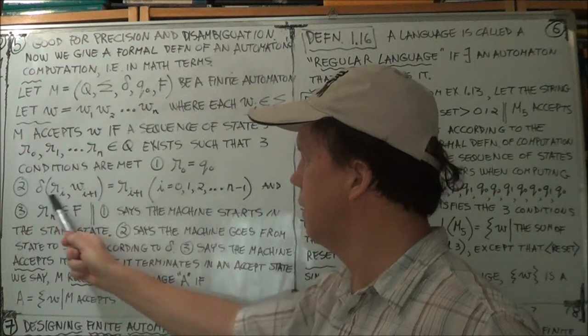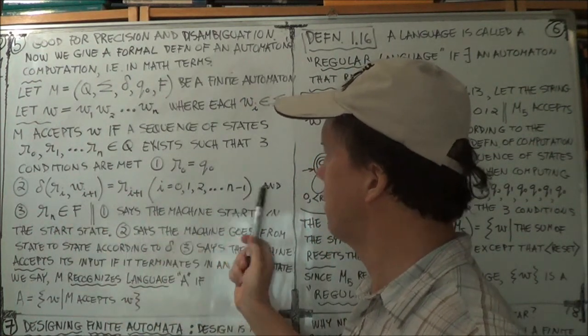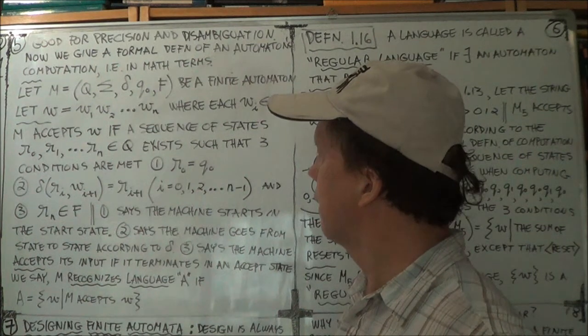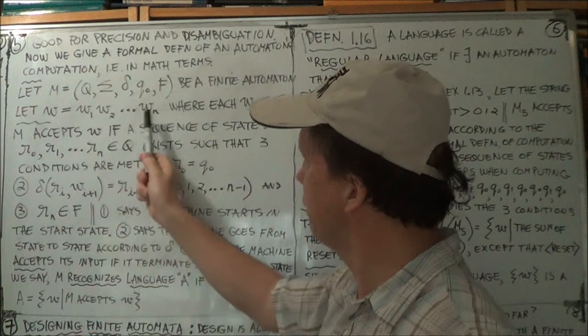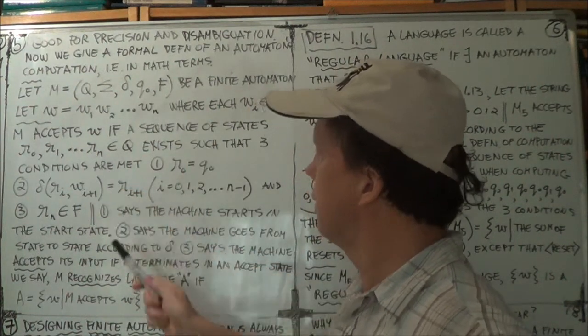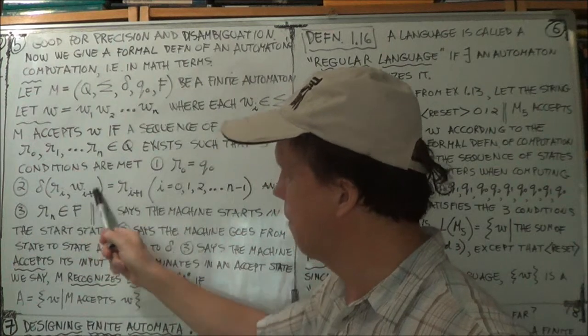And here's the form where your i ranges from 0 to n minus 1. So when i is n minus 1, you get Rn. That's your final state here. So that's the slight complication of why it is i plus 1 here.